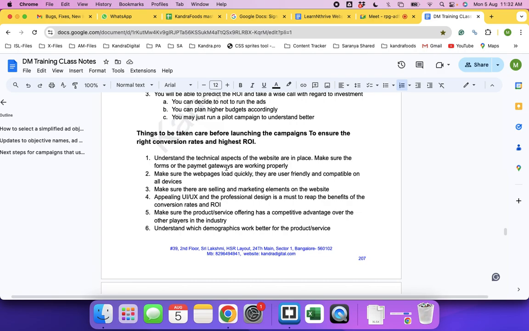Appealing UI or UX and professional design is a must to reap the benefits of the conversion rates and return on investment. Make sure that there are selling and marketing elements on your web page. We have always discussed the selling and marketing elements. There is a huge difference between two salespeople. Correct? We took the example of two different salespeople, how they sell.